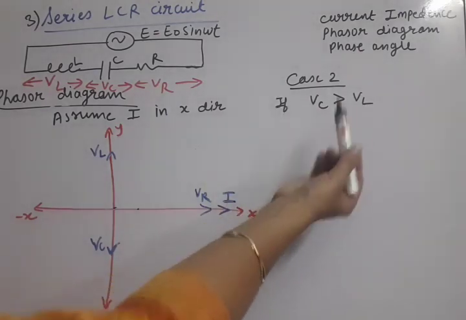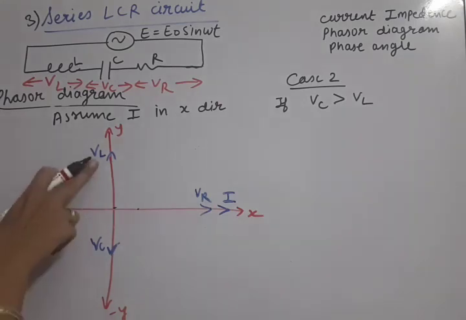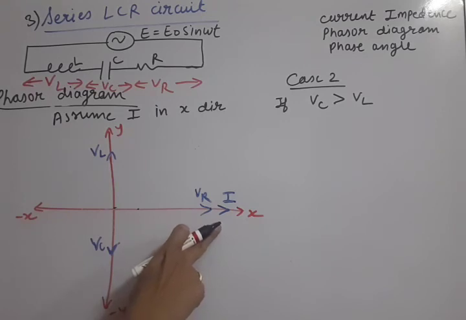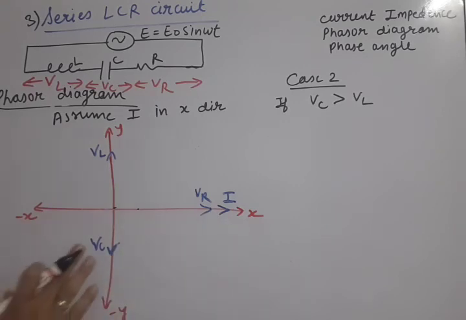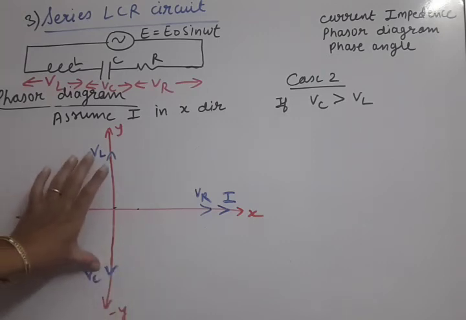If case second is there, that means VC is greater than VL. So you know already VL was in Y direction, VR is in X direction, and VC is in minus Y direction. Now we are saying that VC is greater by magnitude. So what will be the resultant of these two?